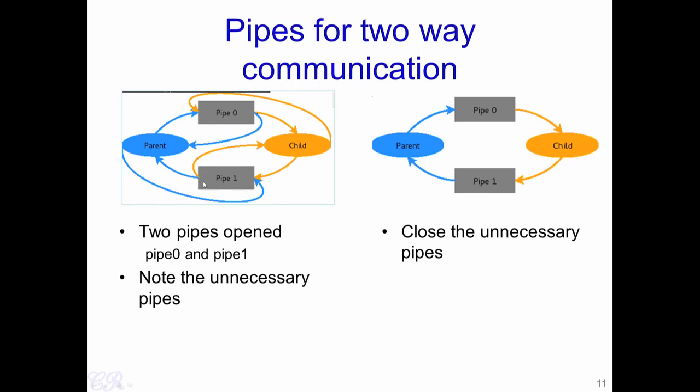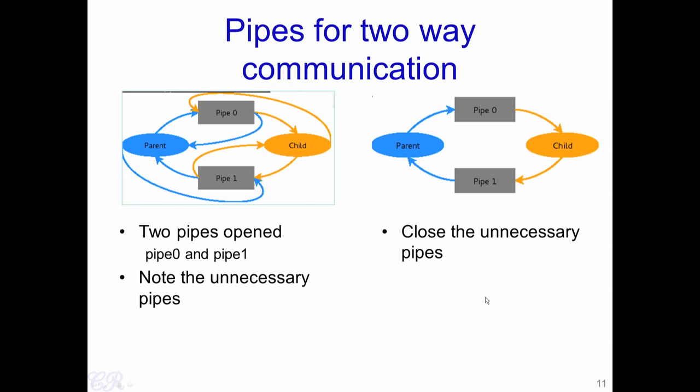Similarly, there are two file descriptors to write to pipe 1 and read from pipe 1. Similarly, there are two pairs of file descriptors for pipes in the child process. Now, you note that these additional descriptors are not required. Therefore, we could actually close the extra file descriptors to obtain something like this.